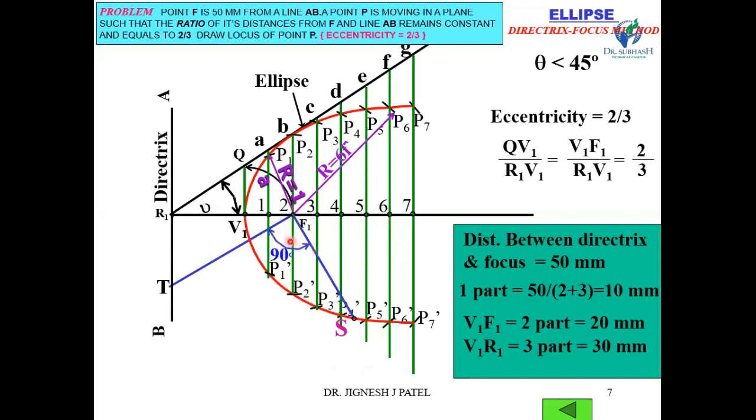This angle is 90 degrees, and the intersection point of this line with the directrix is T. Now join TS. It is known as the tangent. From point S, draw one line perpendicular to this TS. This is known as the normal. In this way, you can find the tangent and normal at any point on this ellipse. This method is known as the directrix focus method.